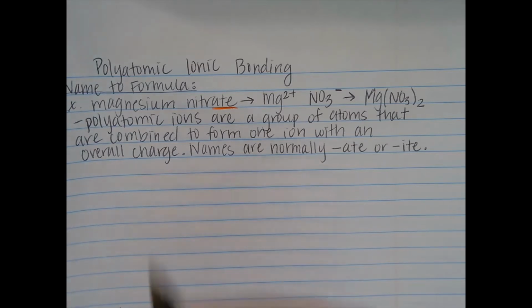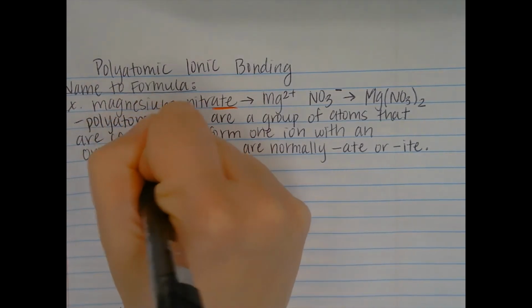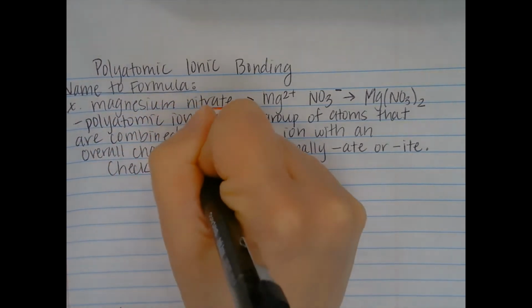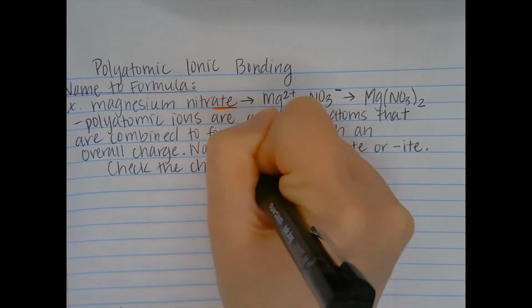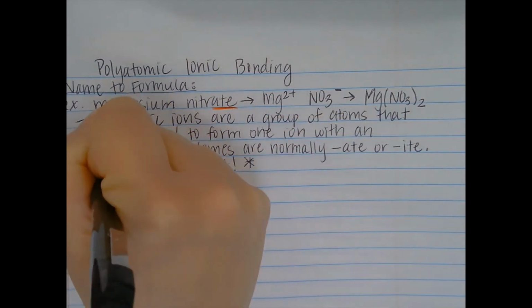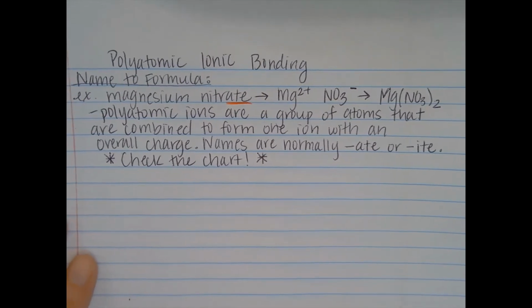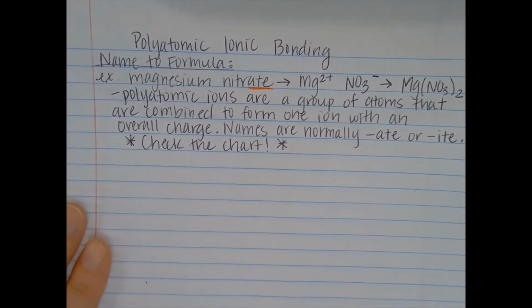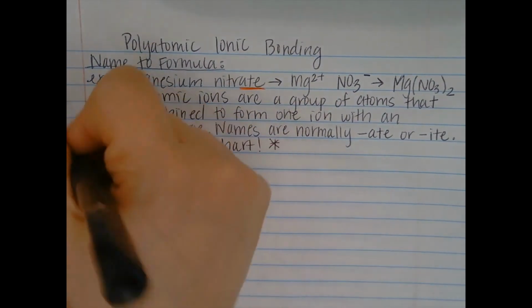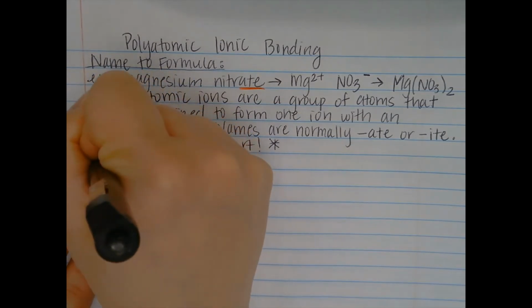In fact, let's write that down. Check the chart. And our chart is our common ion chart, which is located in the back of our notebook in our reference area. Okay, here we go. Let's do another example.